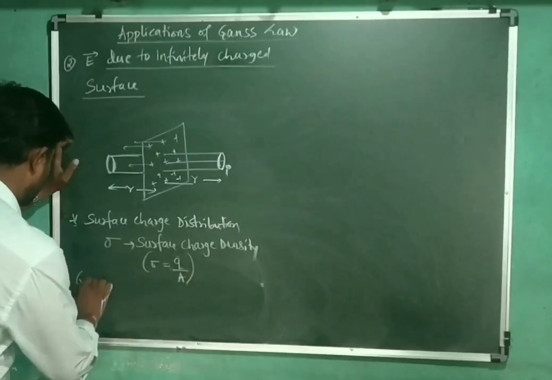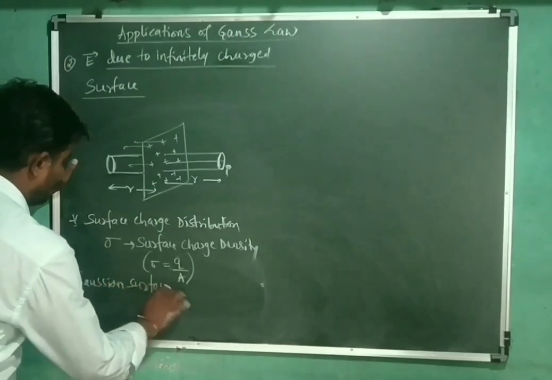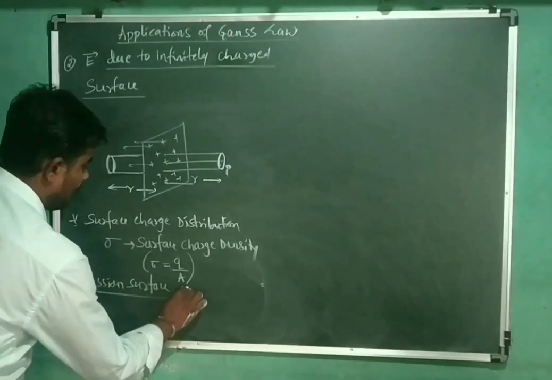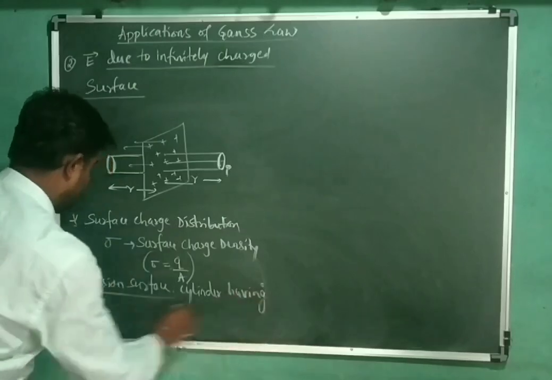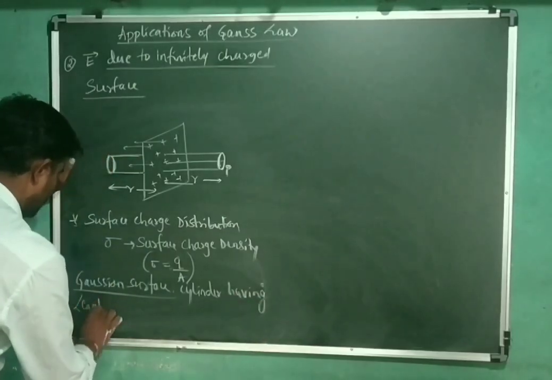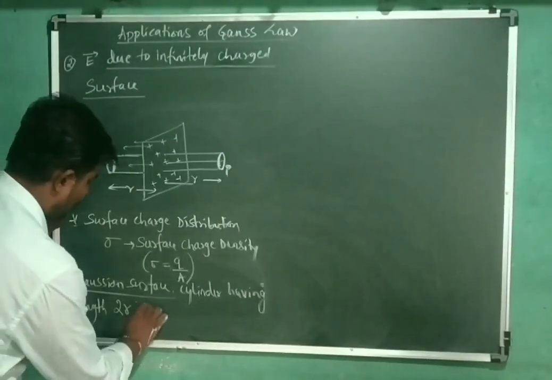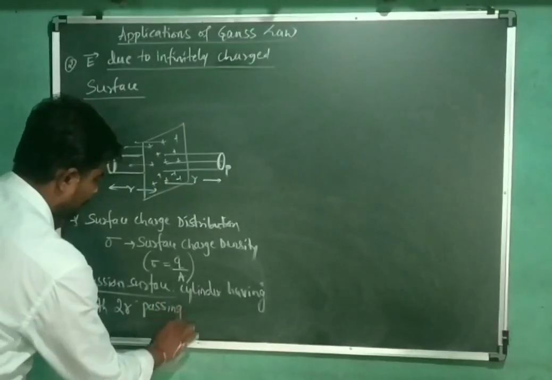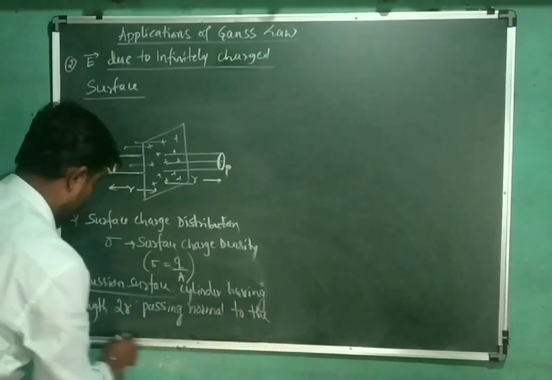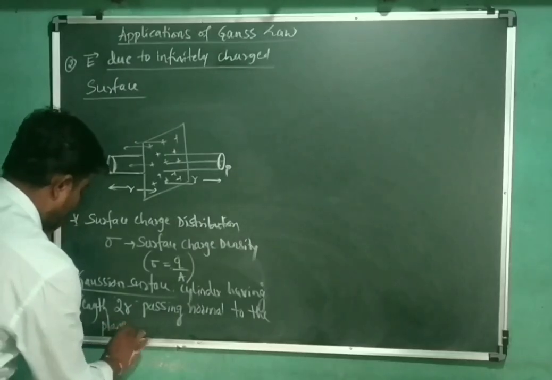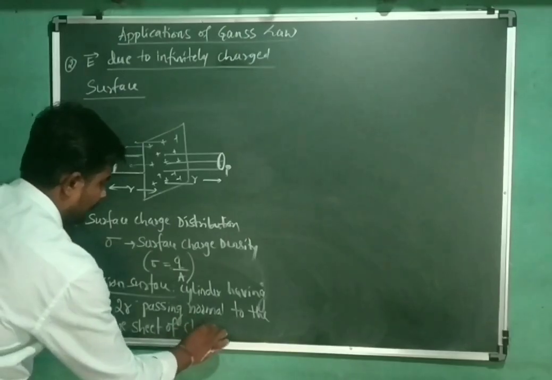And the Gaussian surface. What is the shape of the Gaussian surface? Cylinder having length 2R, and passing normal to the plane sheet of charges.